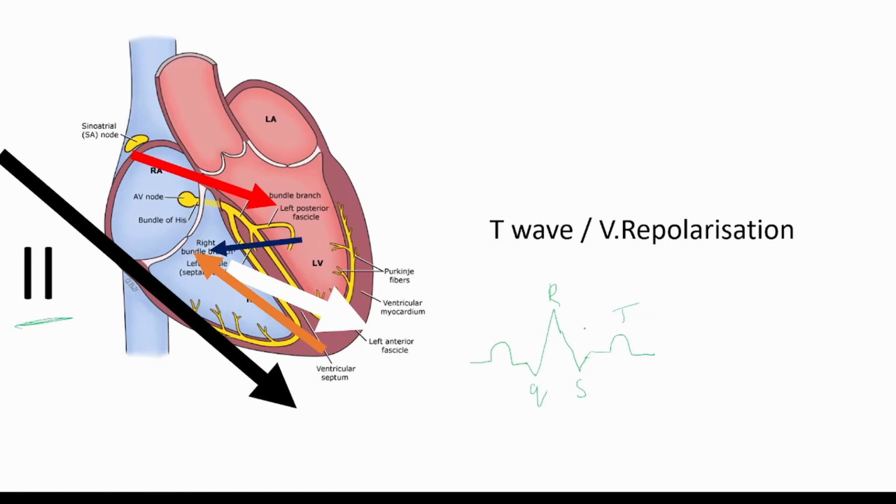Now, as you may have already spotted, the net vector for the T wave, this orange arrow, is moving in the opposite direction to lead 2. You may be thinking, surely this should be a negative deflection because you told me that if a wave moves in the opposite direction, it's negative.